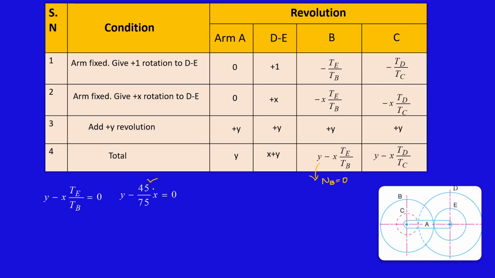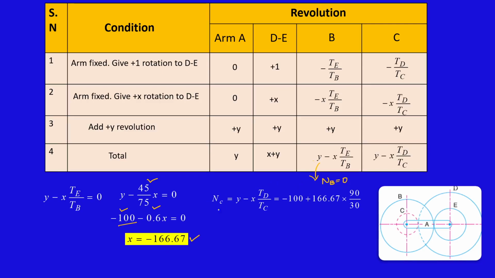Then TE is 45, TB is 75. You will get x equal to minus 166.67. Now I can substitute this x and y value. This is x and this is y on NC. This is what we need to find.